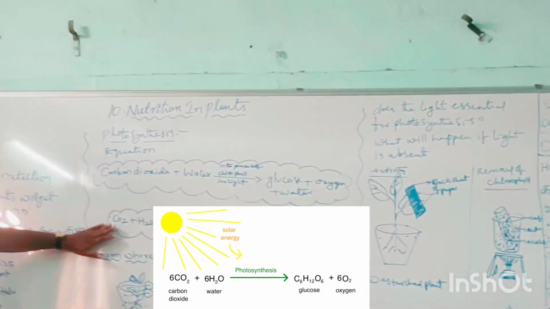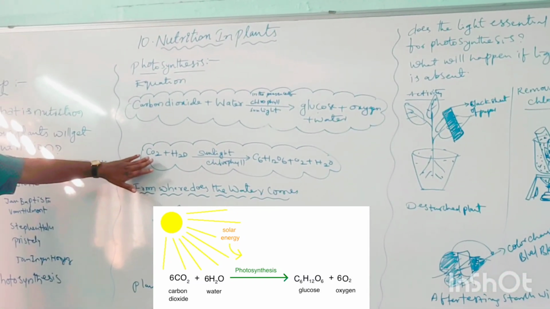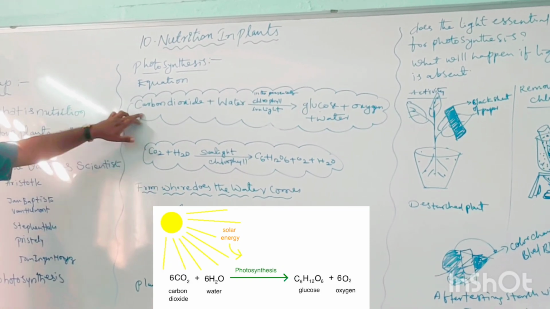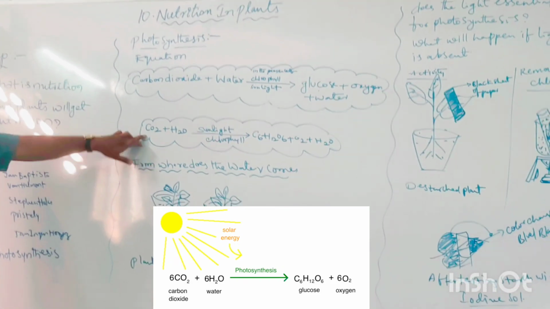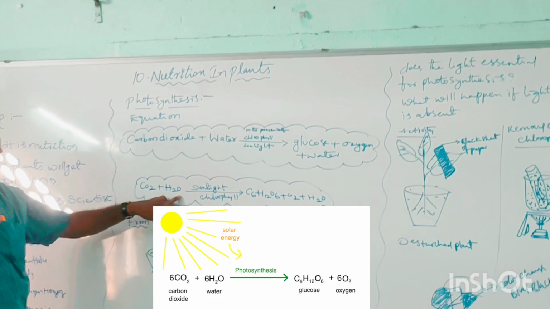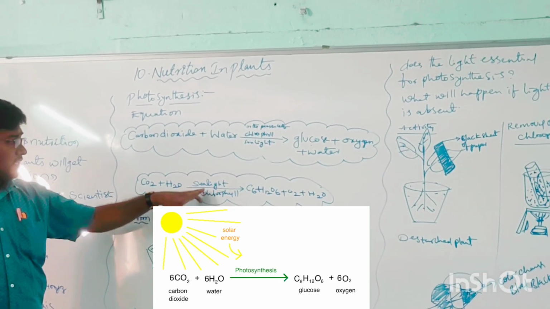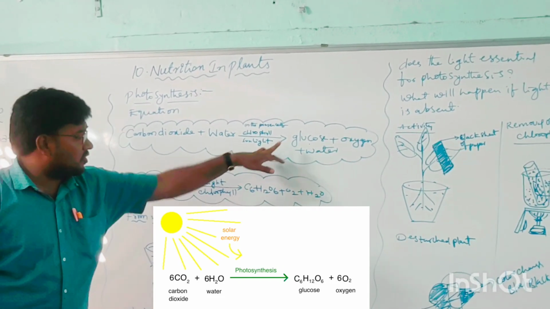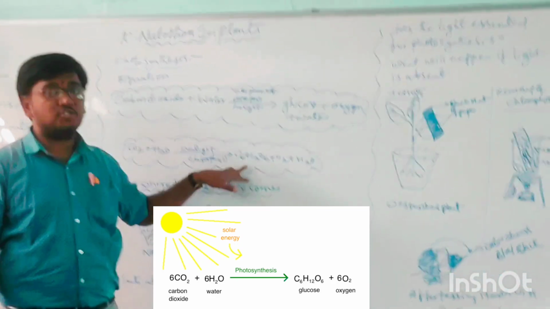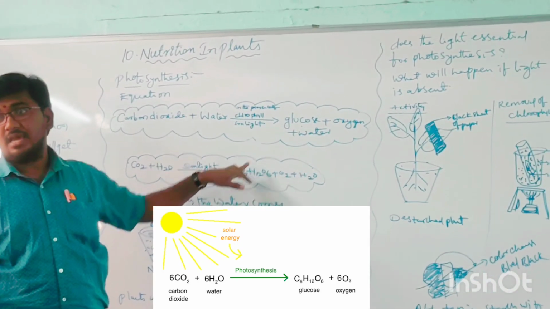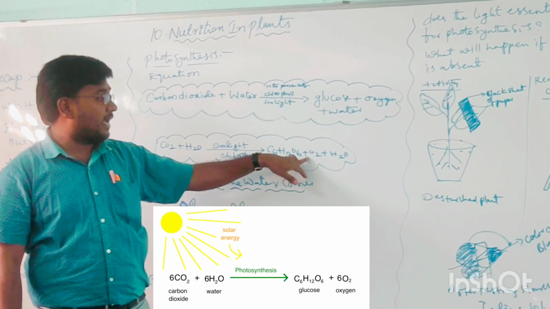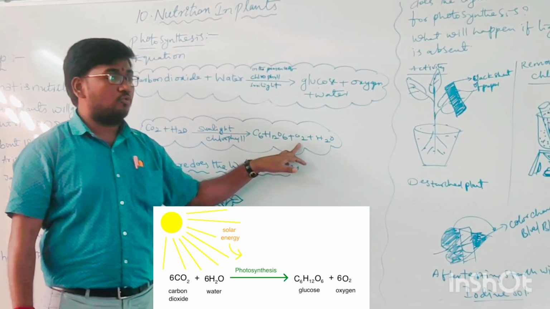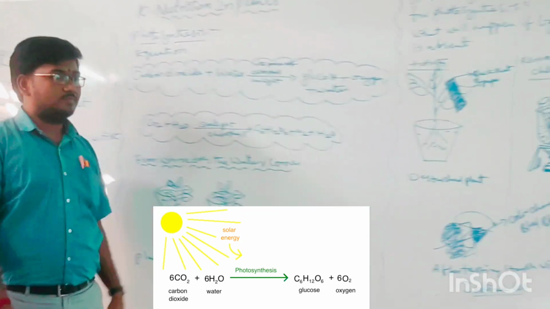Using formulas: carbon dioxide CO2 and water H2O, in the presence of chlorophyll and sunlight, give glucose C6H12O6, oxygen O2, and water H2O.